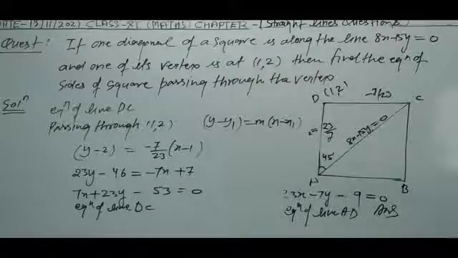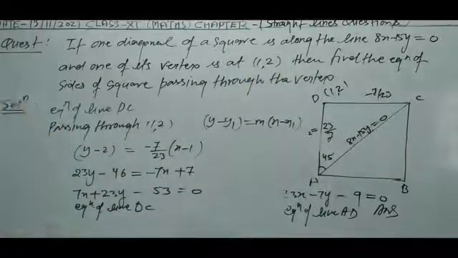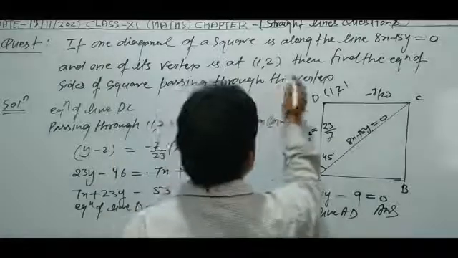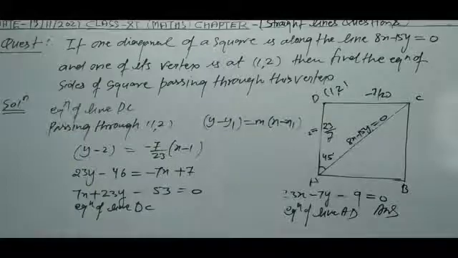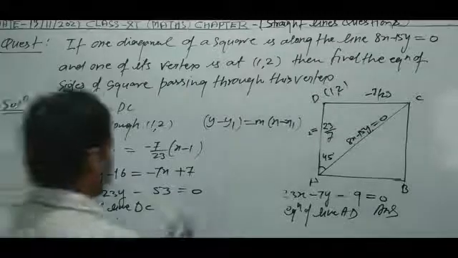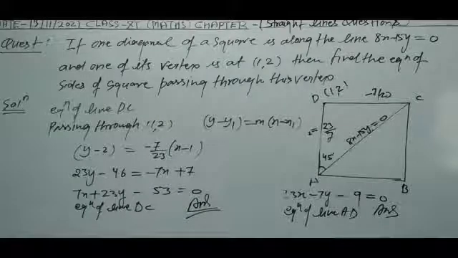Passing through this vertex means we have to calculate only the equation of the line passing through (1, 2). Right? The question is so interesting. So this is the answer. Now this question is clear. Now I will come to the next question.